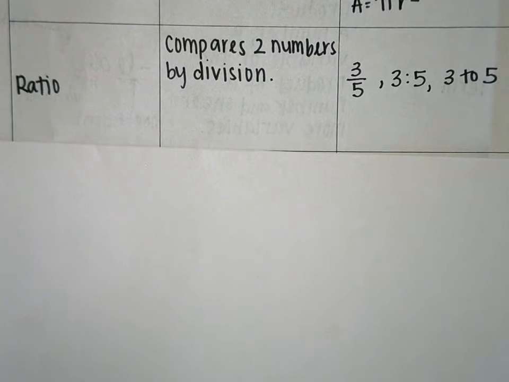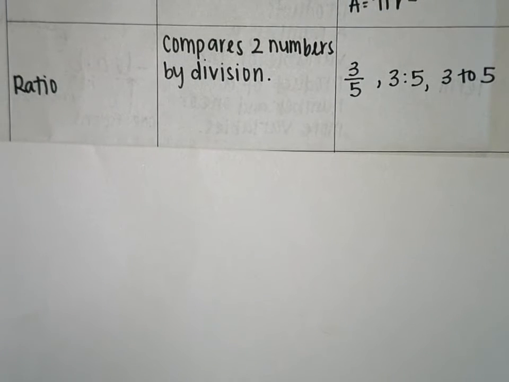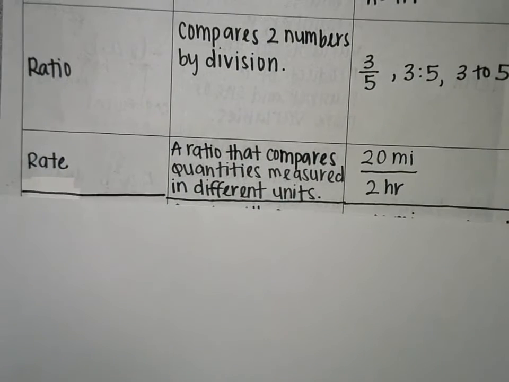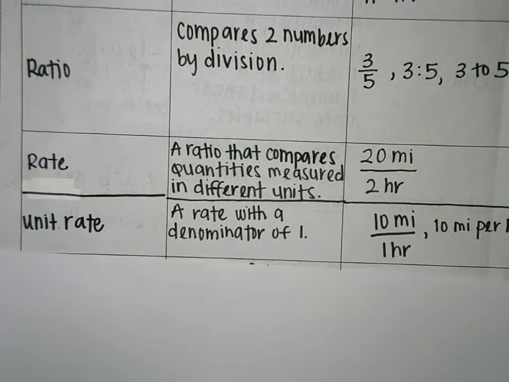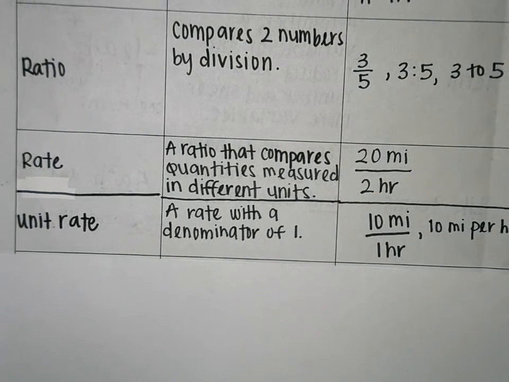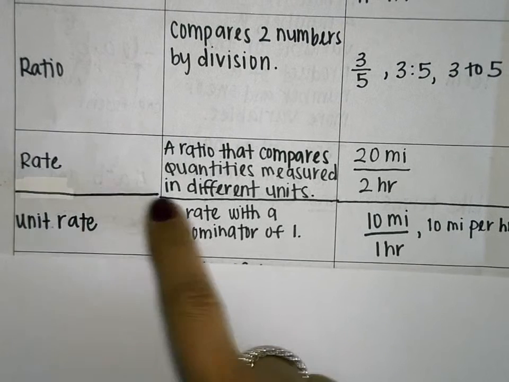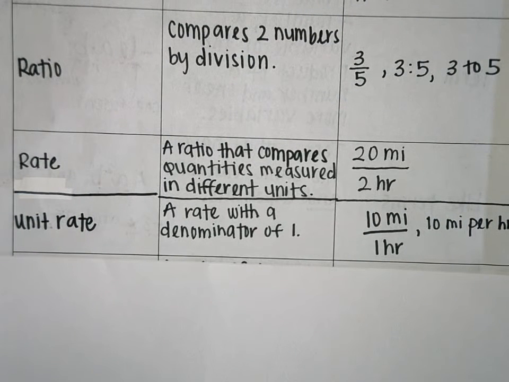The second word that we're going to add is rate, and I would like you to note that rate and unit rate I put in the same box because they are related. So I just cut the box in half, and I did rate and unit rate in the same box because the definitions are related to each other.